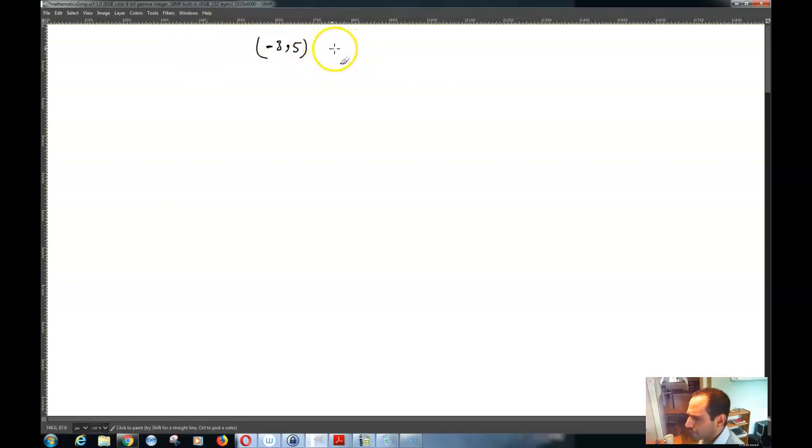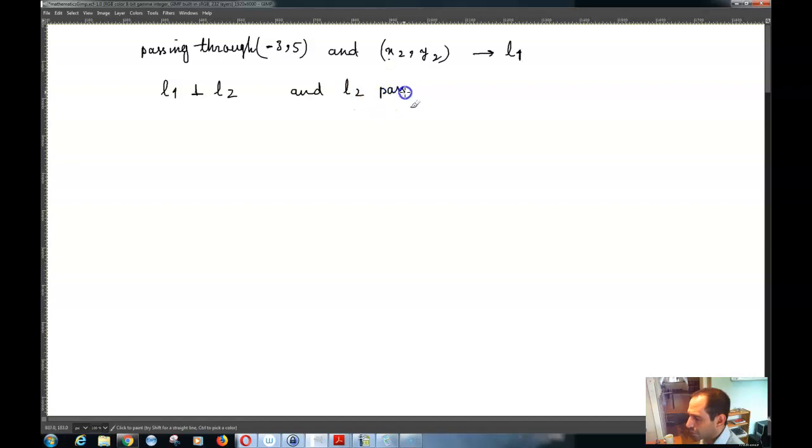So basically the line is passing through this point, and another point, let's call it for example x2, y2, and this line over here, if I call it for example L1, is perpendicular to L2, and basically L2 passes through 2, 5 and negative 3, 6.